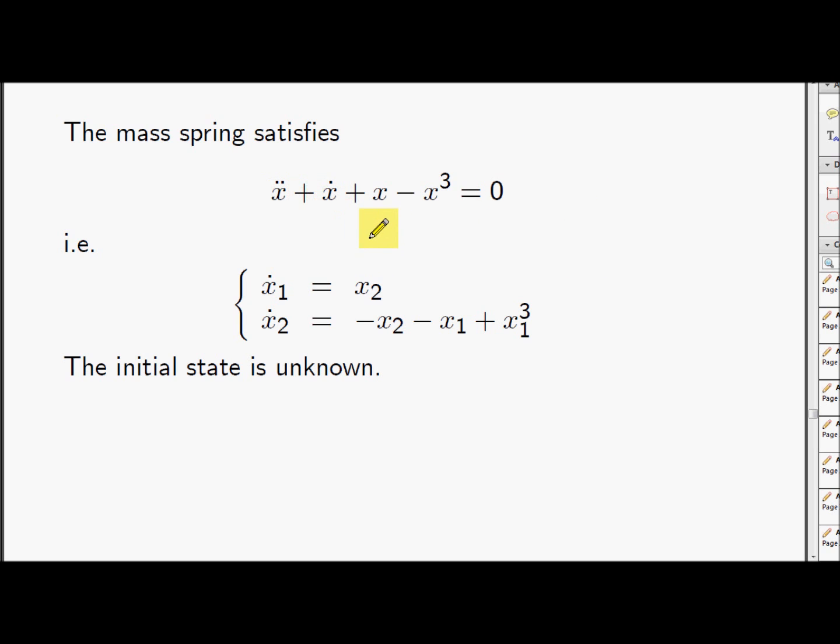Here I have the mass, here I will have the spring, and the position of the spring is x.